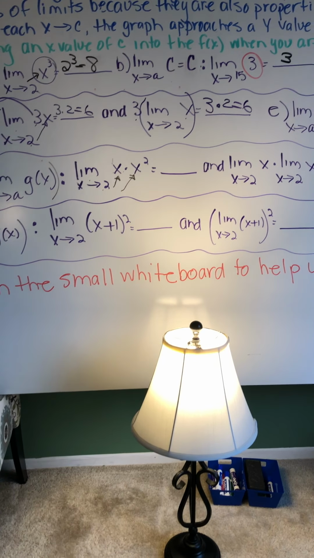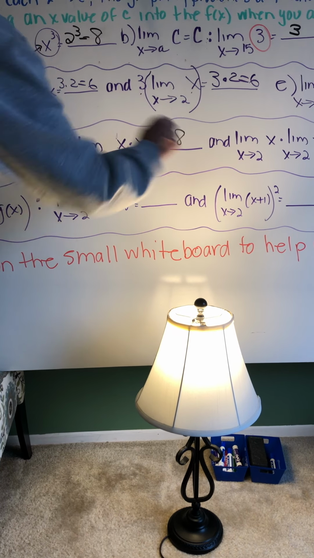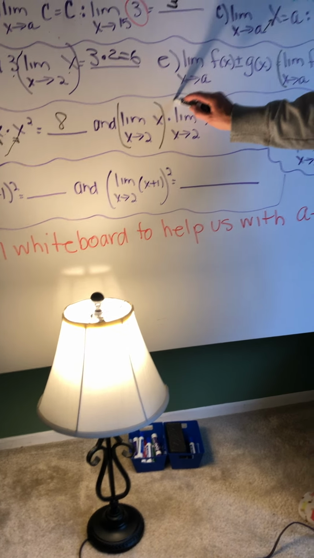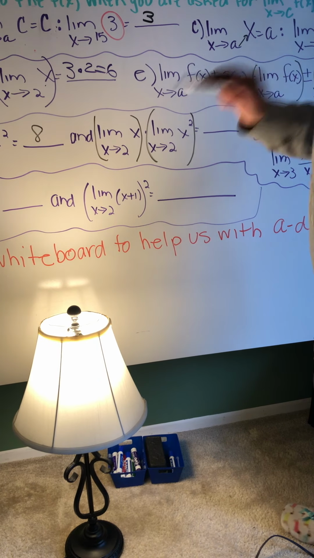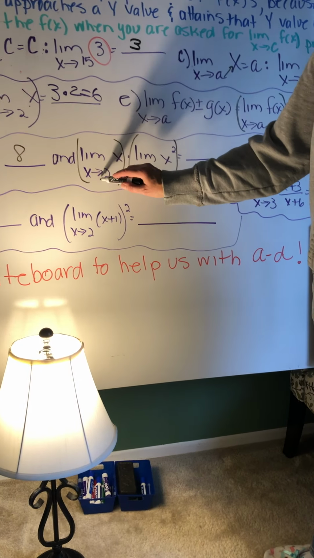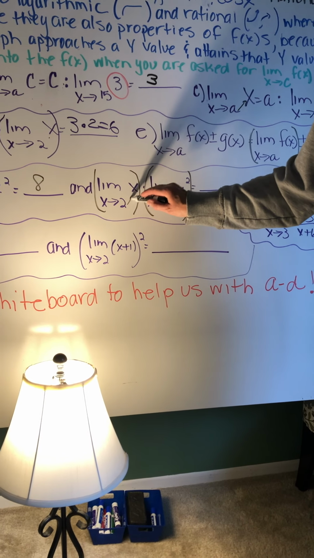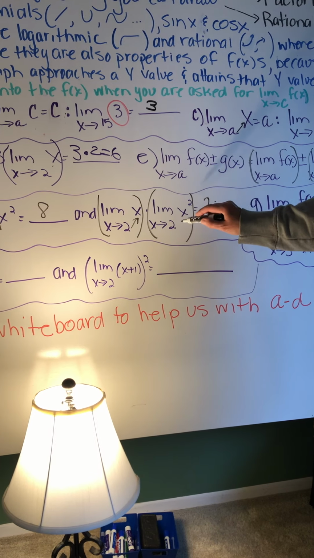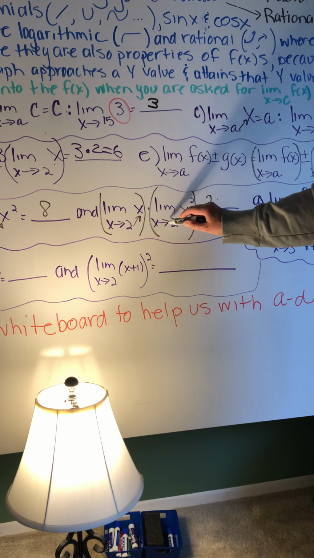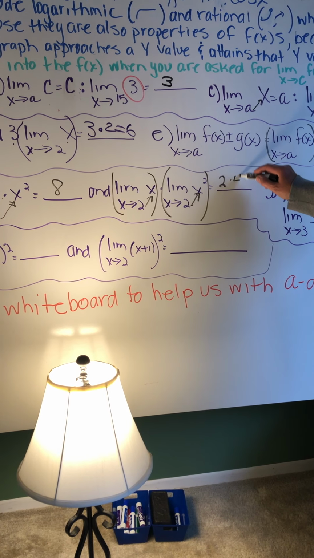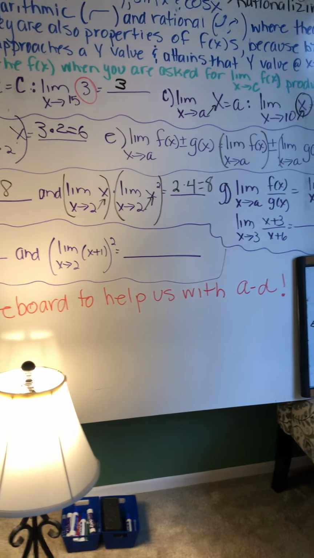And we get an 8. There we go. And that should equal the limit of the limits of the 2 functions being multiplied. Let's take a look. The limit as x approaches 2 of x, we've worked with that function a lot, is 2, times the limit as x approaches 2 of x squared is a 4, and of course we get the same value.